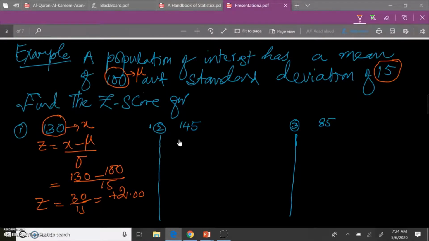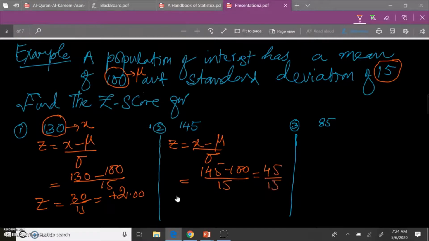Now let's do the second one. It's the same formula, z equals x minus mu over sigma. We have x equal to 145 minus 100, divided by 15. This comes out to be 45 divided by 15, and the z value comes out to be a plus 3. Now this is the z-score for this observation.